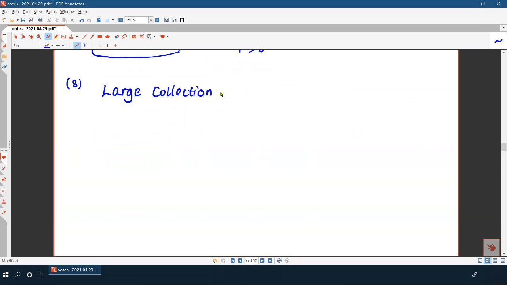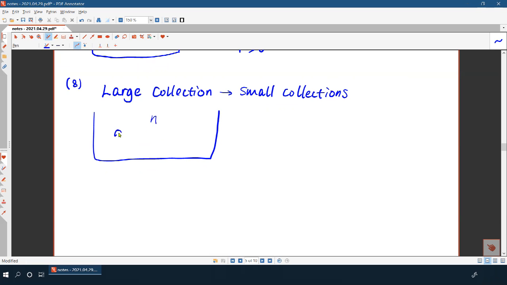In this model, suppose we have a large collection of n distinct elements, and we want to assign them to R different small collections.